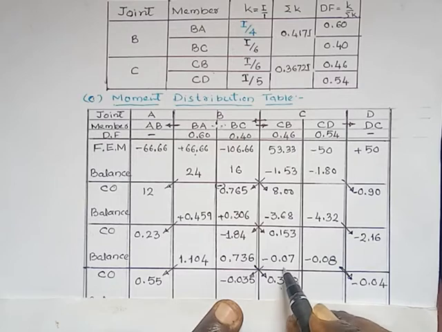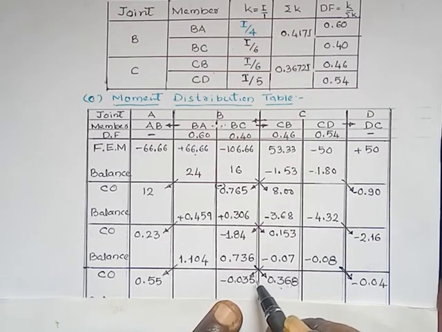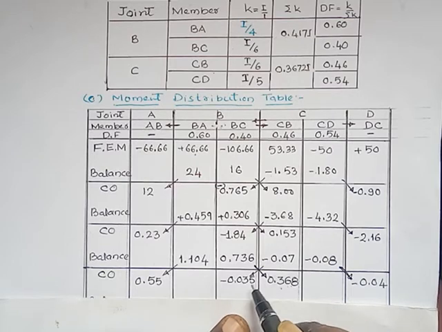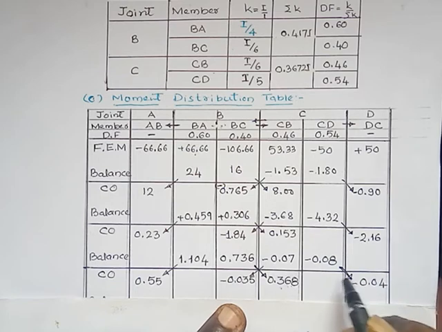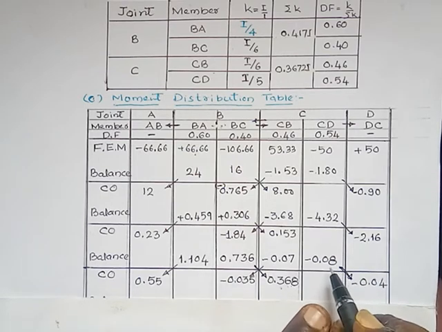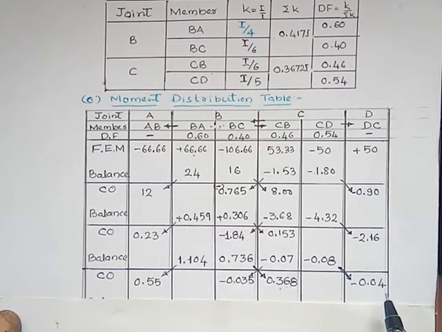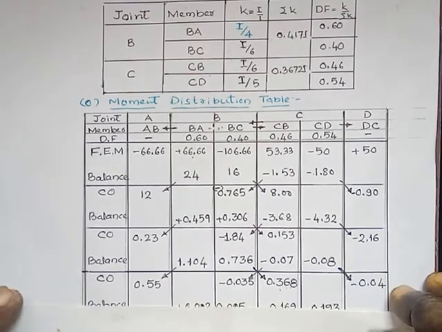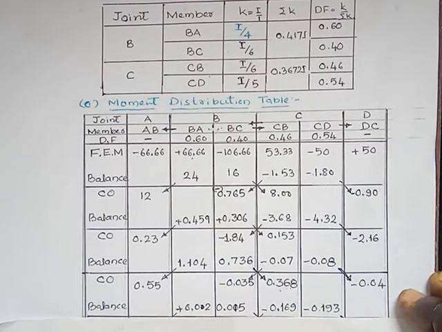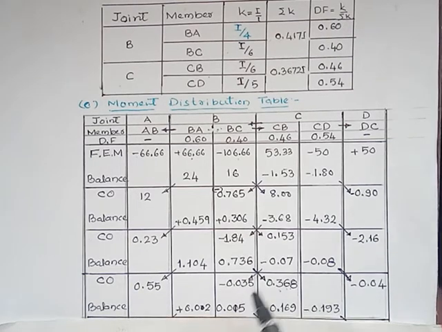Then C to B, half of minus 0.07, that is minus 0.035, is carried from C to B. Then from C to D, half of this, that is minus 0.04, is transferred to joint D. Then by observing this, in the fourth cycle, there are again unbalanced moments.